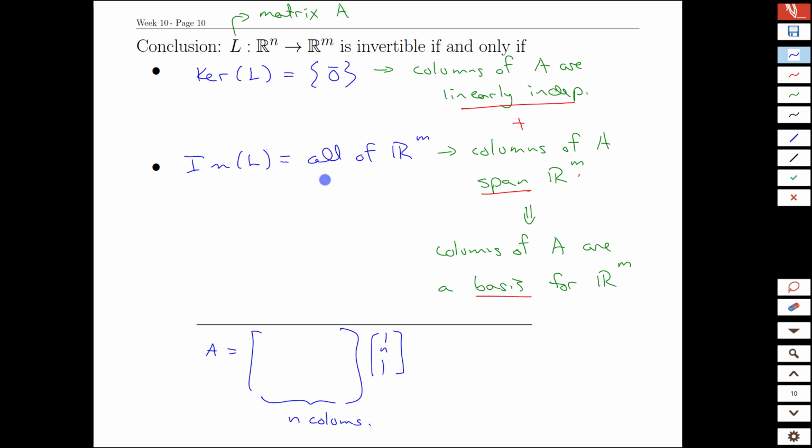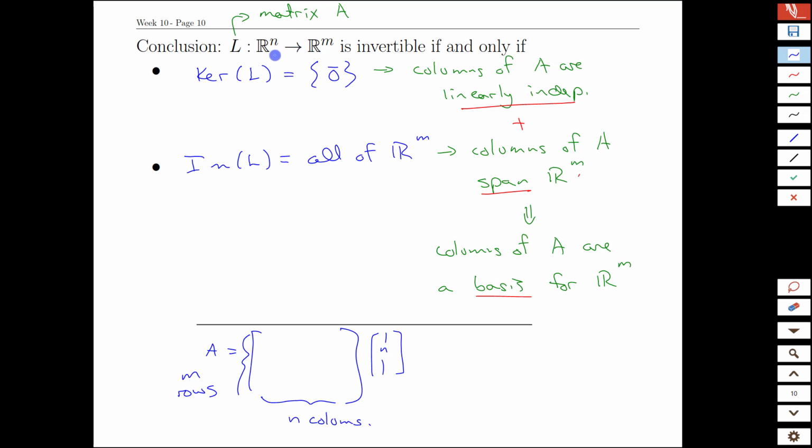And the output was the output space, which was m rows. Now notice what we just found out though. We're mixing and matching now. We're crossing the streams here. We have columns of A have to be a basis for Rm. But m was initially the number of rows we were dealing with.